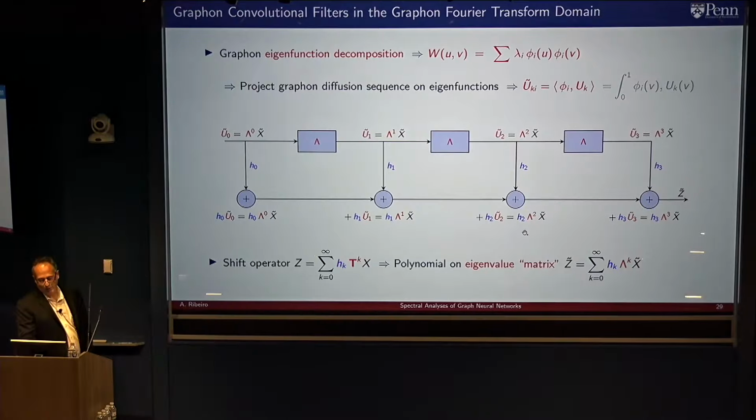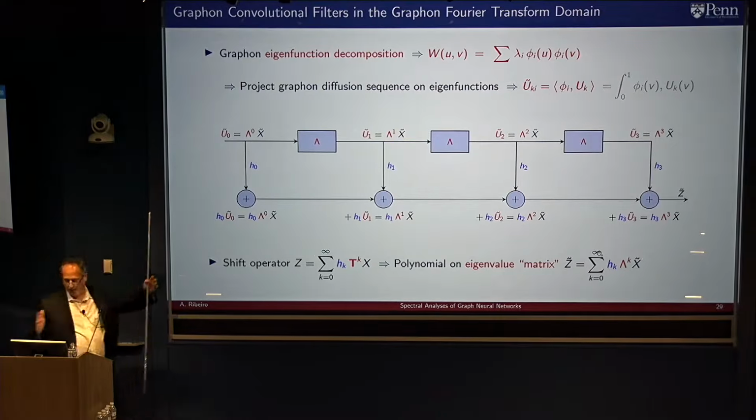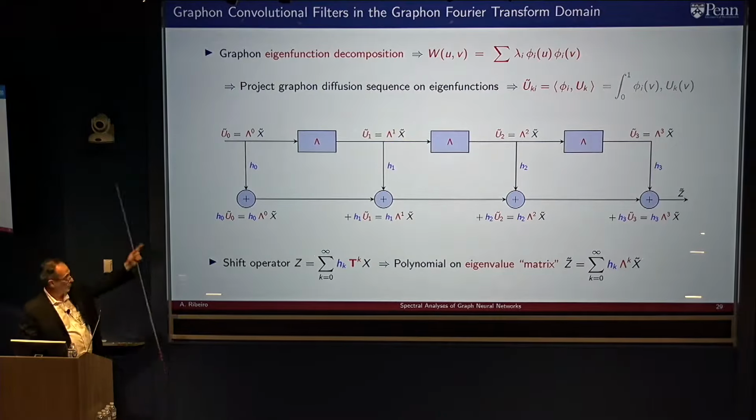And I am using matrix here between quotations because, well, you know this is not truly a matrix because it extends, it is countable, by the way, but it extends to infinity. Okay? Good.